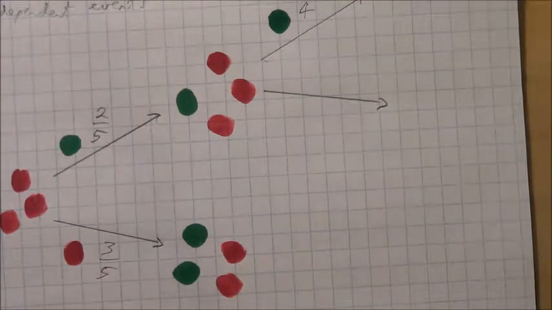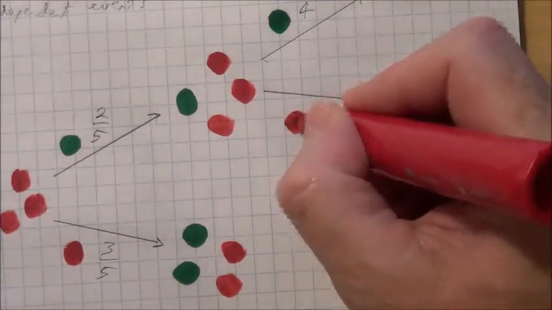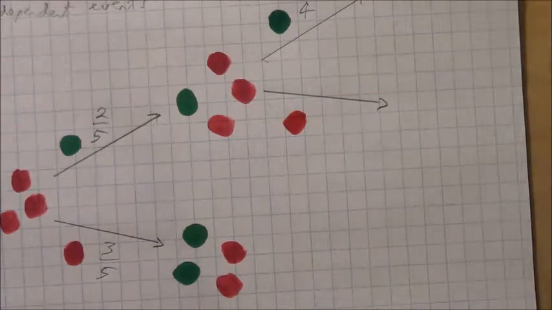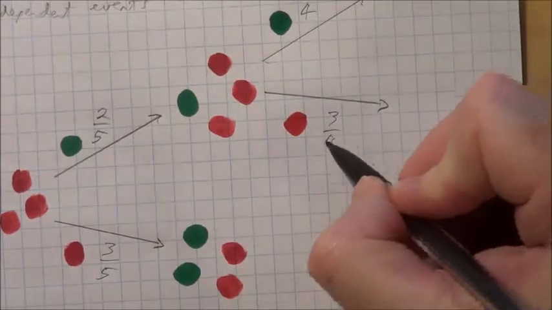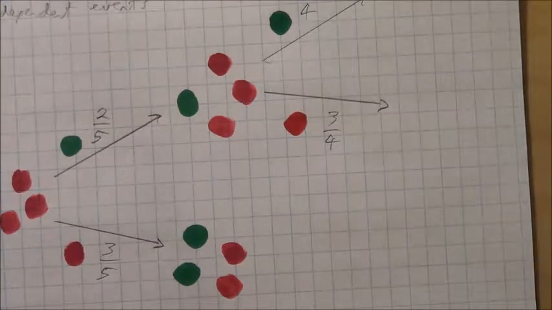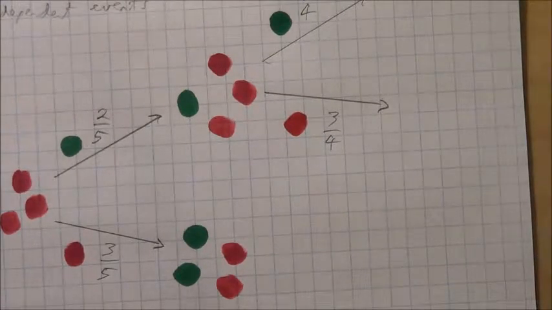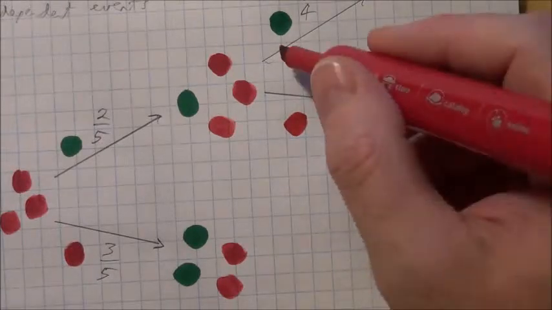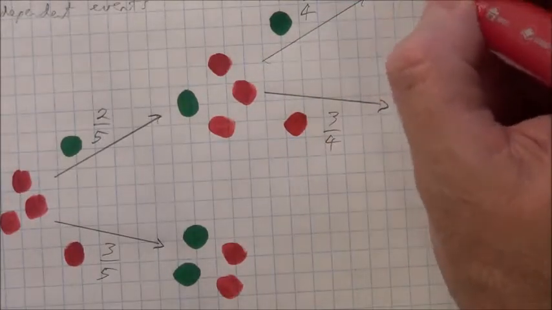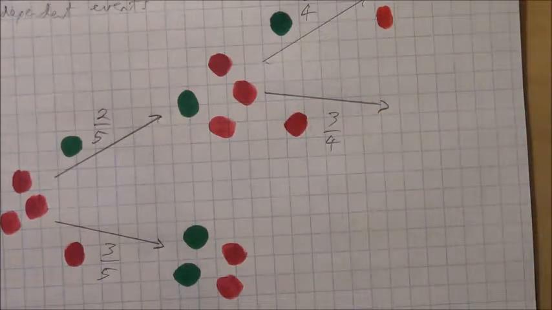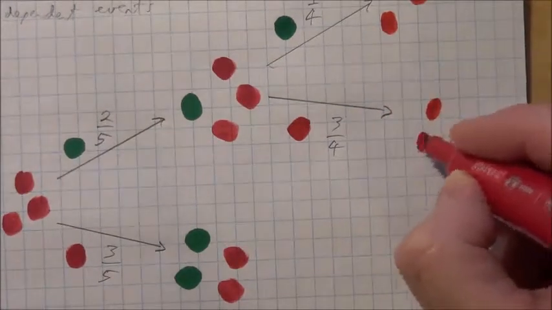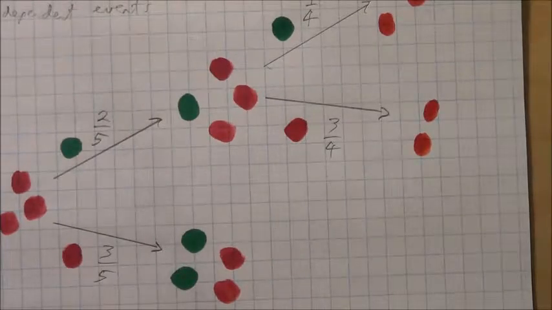And the probability of pulling out a red marble is, again, not 3 out of 5, it's going to be 3 out of 4. And then when we pull out a green marble here, there's going to be 3 red marbles left over. And if we pull out a red marble, there's going to be 2 red and 1 green left over.